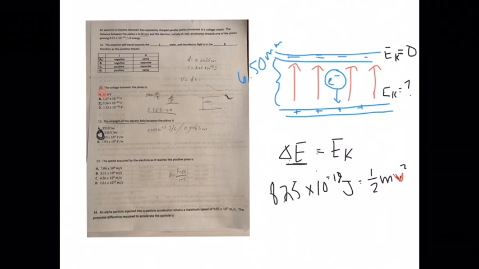It's all kinetic, so times 2, divided by 9.11 times 10 to the negative 31, and then square root it. Oh, now I get a different answer. So I get C. I think I did something wrong with my calculator. So I get 4.26 times 10 to the 6 meters per second.